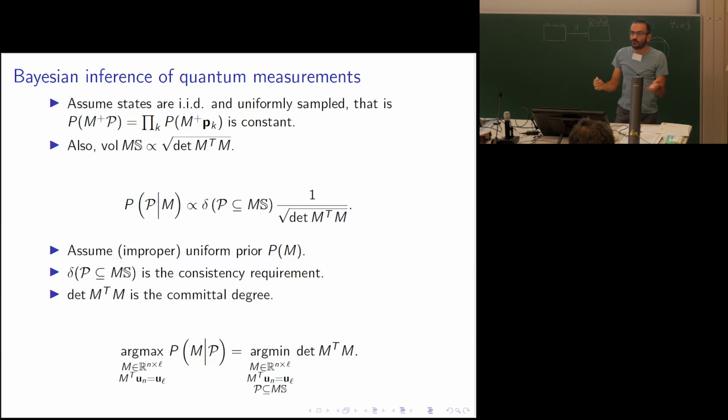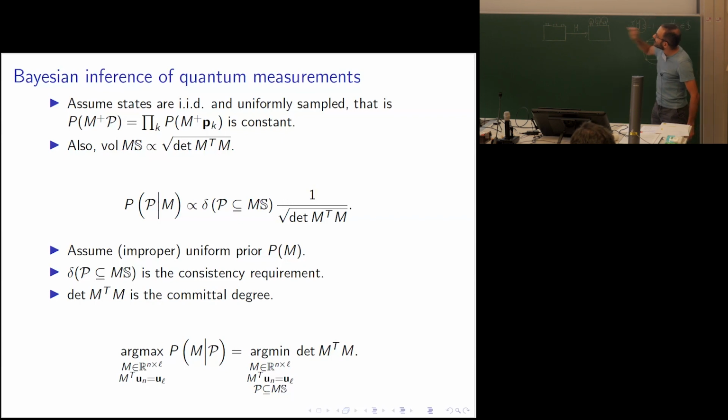And if we want to do maximum likelihood estimation, that's it. If we want to go the Bayes way and call this Bayesian inference, we don't want the likelihood, we want the posterior. So we need to assume a prior on the measurement. And again, we assume uniform prior on the measurement.